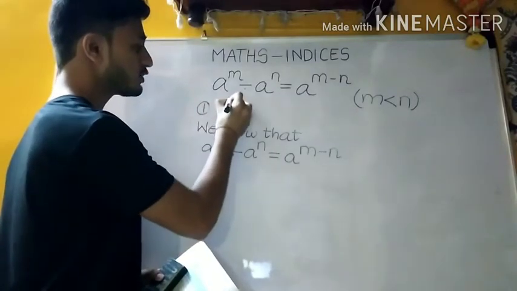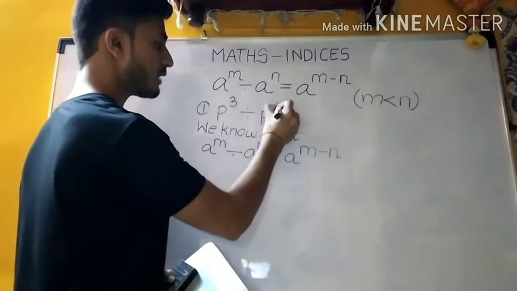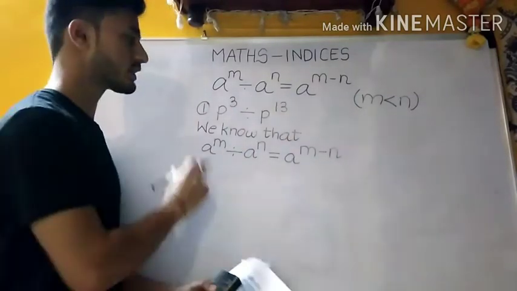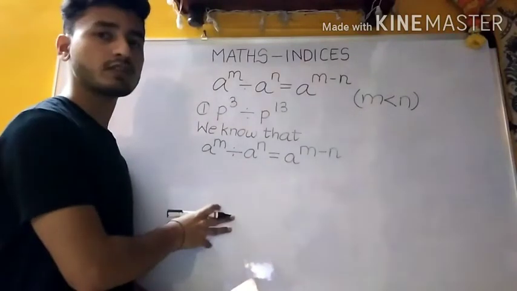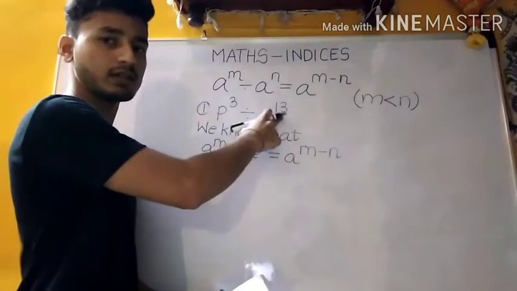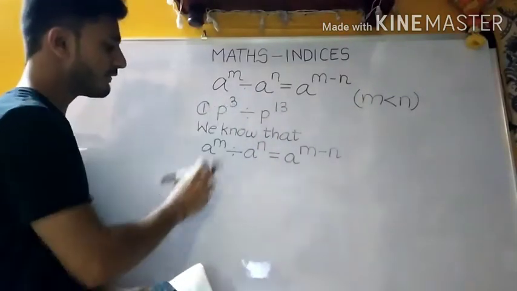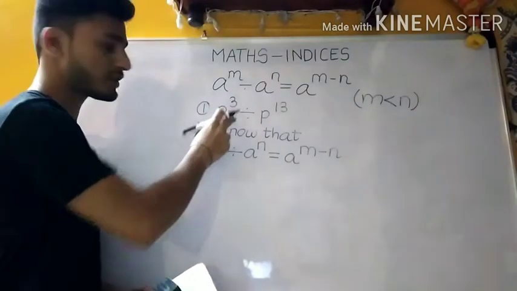P raised to the power 3 divided by P raised to the power 13. This is the question. Now here also you will observe that the 3 is a smaller number and 13 is a bigger number. Again case number 2. So we will now convert this question in the form of formula.